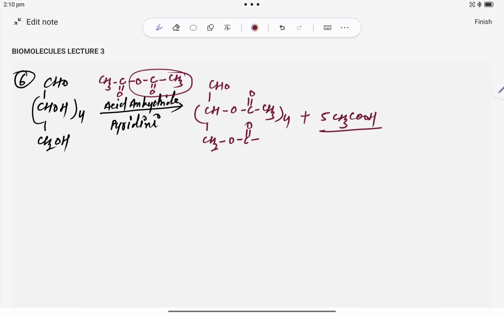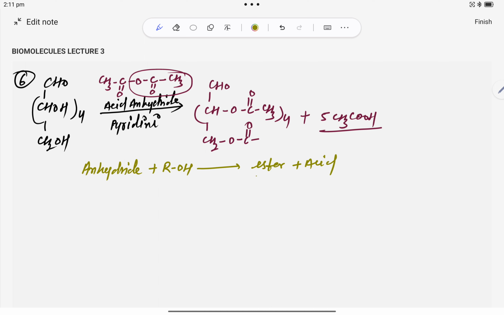If you are getting any confusion, then listen. Anhydride, if you remember, reacts with alcohol. So what does it form?